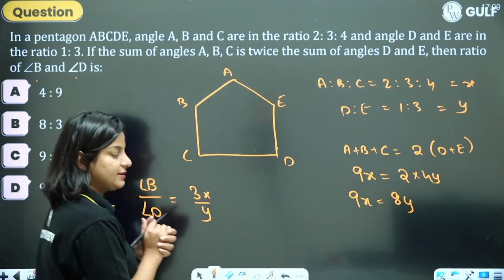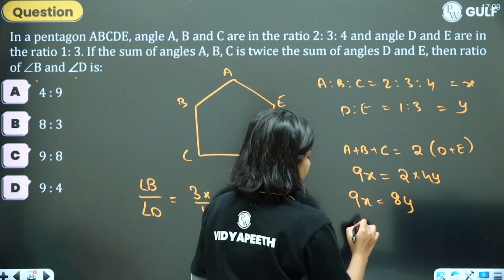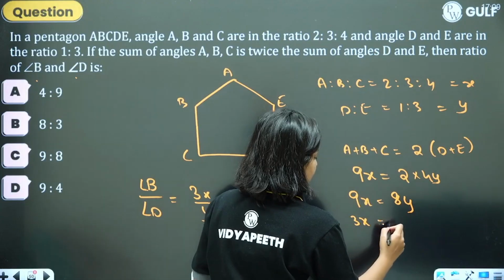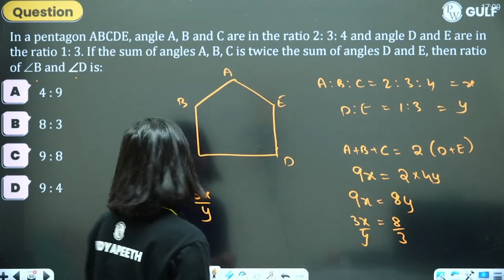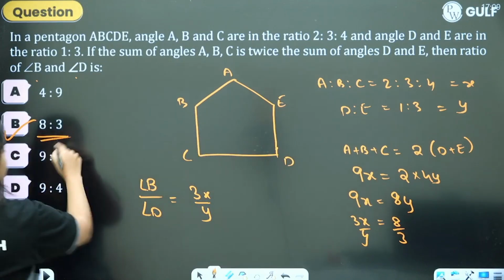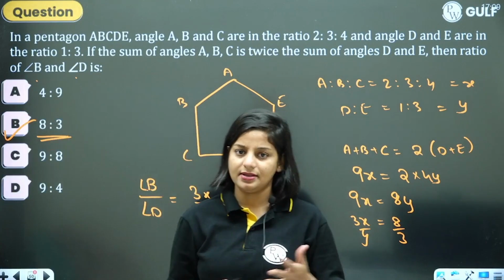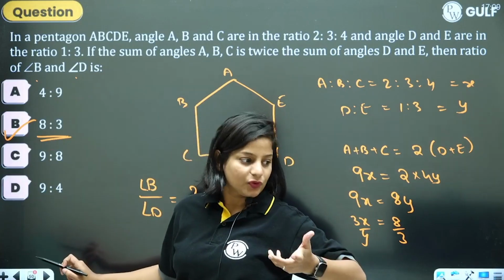We want 3x upon y. From here, take 3 to the other side. 3x upon y is equal to 8 upon 3. The ratio is 8:3, simply taking x and y as the constants of the ratio.